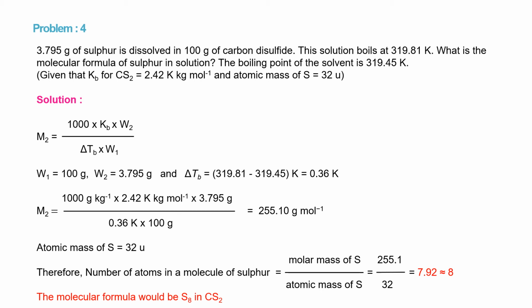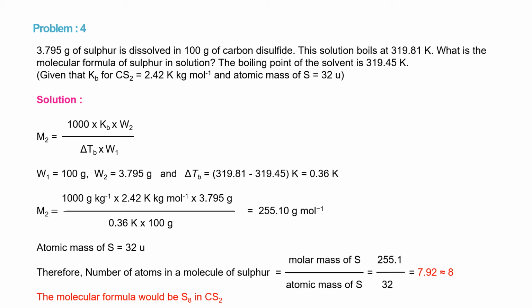Now if you see this, in this case the weight of solute and solvent is given in gram. So that's why first of all we multiply with 1000, then only your answer of M2 comes in gram per mole. Okay, so in this case your answer is 255.10 gram per mole.